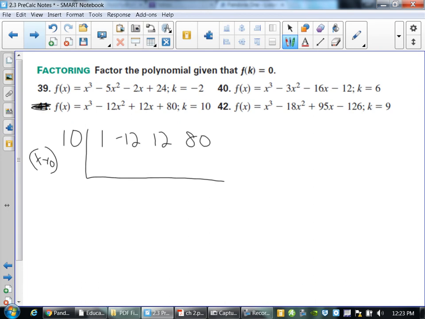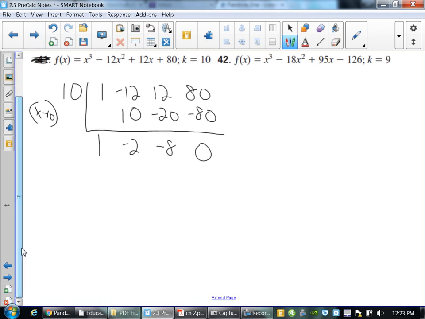So drop the 1, 10, -2, -20, -8, -80, and 0. Yay! Well, we knew it was going to work because it said it was going to work. So now you're left with x minus 10, x squared minus 2x minus 8.